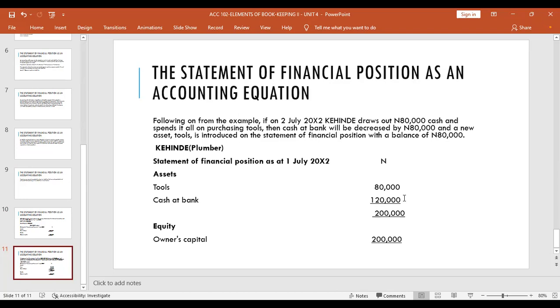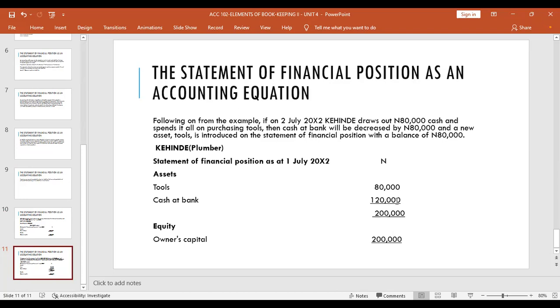So we create another book. Remember in the other video, we talked about the chart of accounts. Depending on the organization, you create the ledgers that are relevant for your organization. So we create a tools account or plumbing tools account, depending on the nomenclature we want to use. You can see here that the value is 80,000, but the owner's capital is still 200,000.